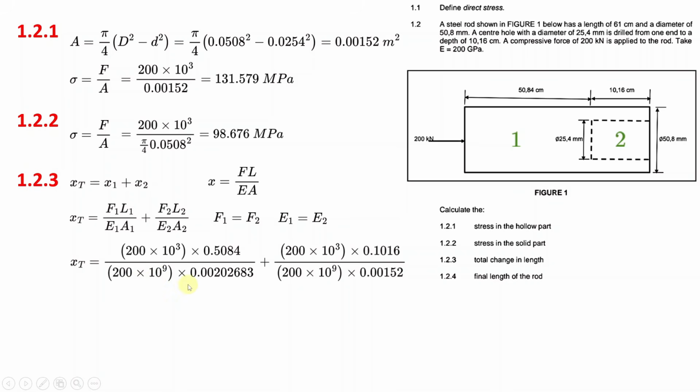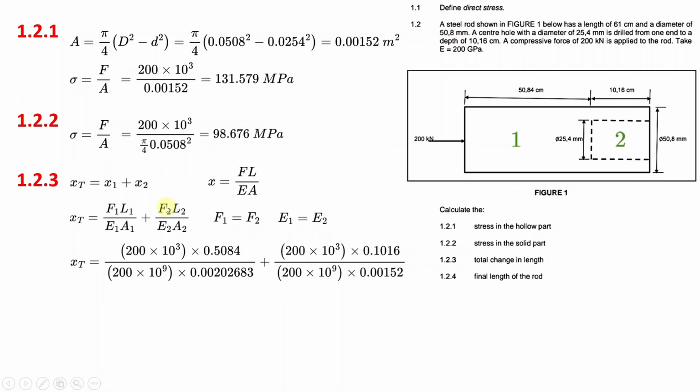200 times 10 to the 9 multiplied by the cross-section area of segment 1. The cross-section area of 1 is pi by 4 multiplied by that diameter squared. If you do this multiplication, the number you will get in square meters is this. So that is the area of 1.